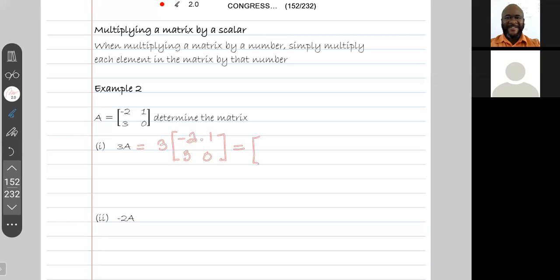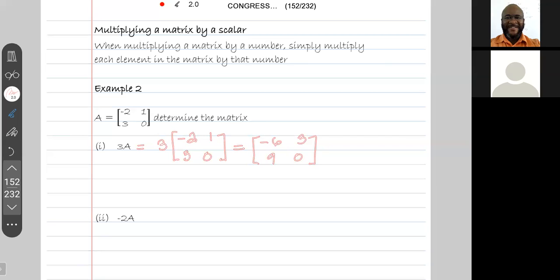So 3 times minus 2 is minus 6. 3 times 1 is 3. 3 times 3 is 9. 3 times 0 is 0. So this is the matrix 3A.